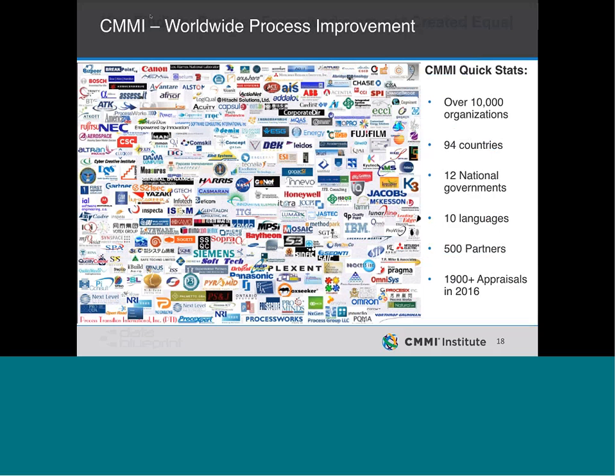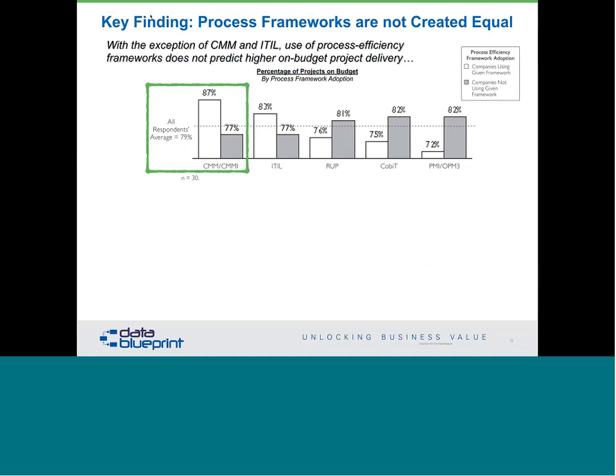I mentioned before, the real key to this is understanding that because of the rich history and the academic origins of this technique, it has more robustness. For example, this is one study done by the Conference Board where they looked across CMM, ITIL, RUP, COBIT, and the one on the end, PMI, on the right-hand side.